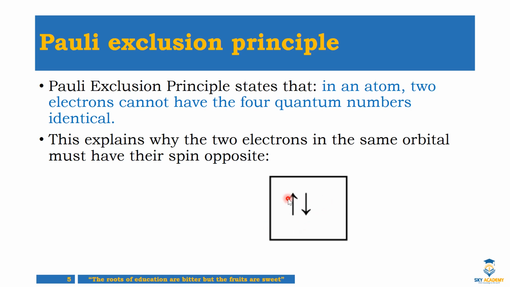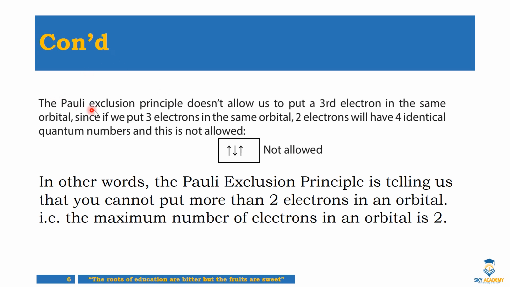So let us look at a scenario where we have what is different in this. For example, the Pauli exclusion principle doesn't allow us to put a third electron in the same orbital, since if we put the third electron in the same orbital, two electrons will have four identical quantum numbers, and this is not allowed. This is the scenario I was telling you about.